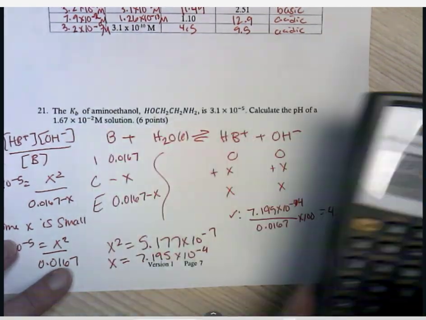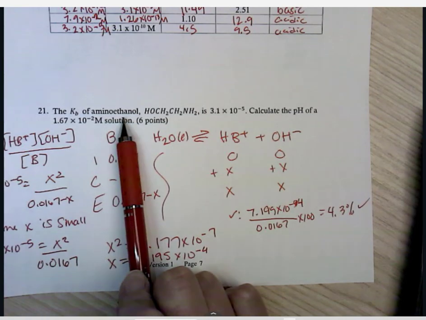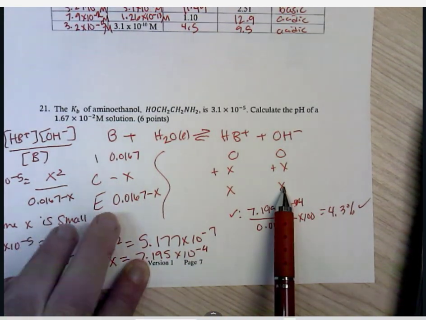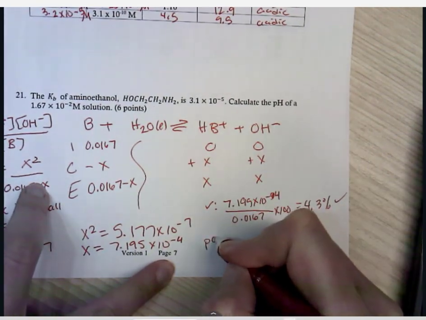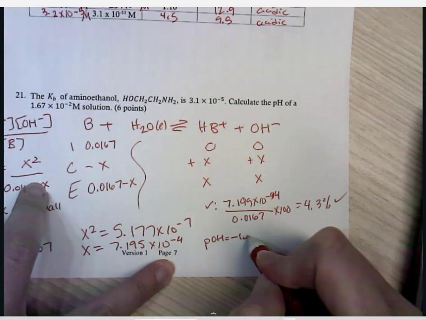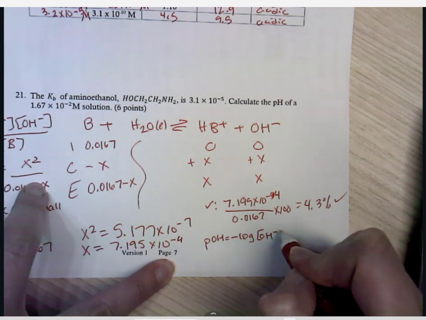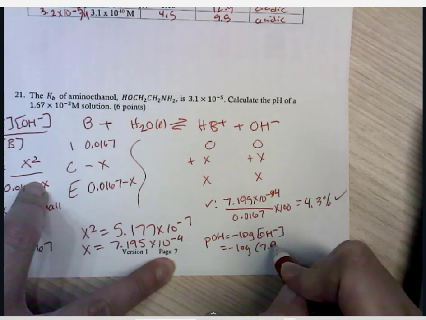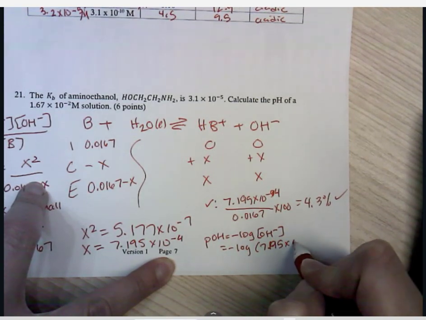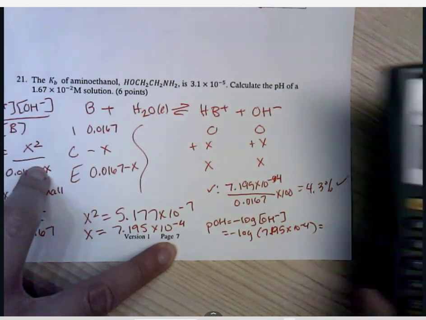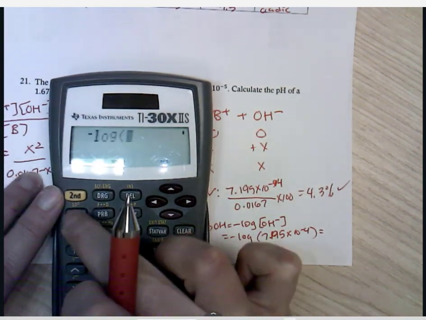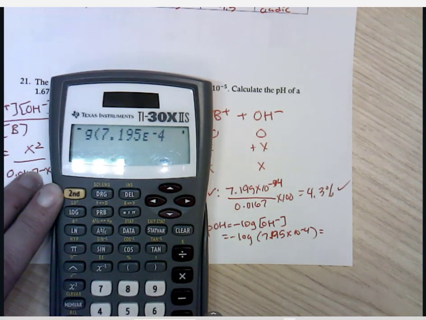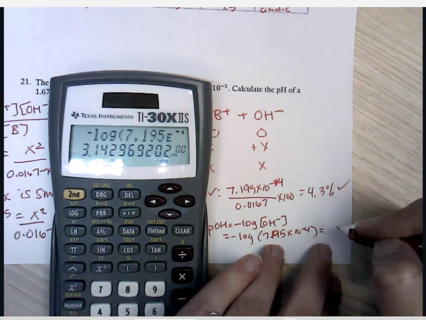Then we need to figure out, okay, it's asking us for the pH. Our x is OH minus, so we can figure out the pOH by doing minus the log of OH minus. 7.195 and it's 3.14.